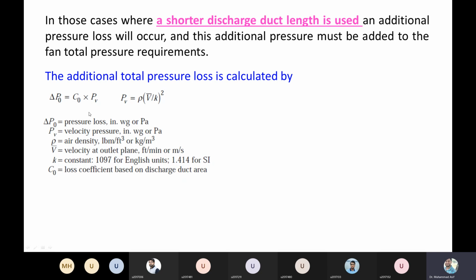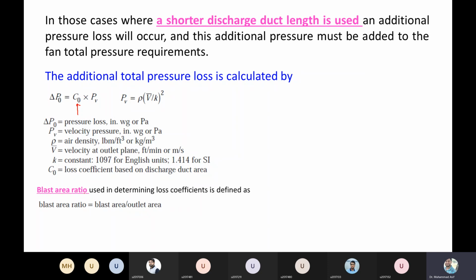So how to figure out the value of C naught, which is called the loss coefficient? If you know C naught, you can calculate the loss in pressure because of the shorter discharge duct length. Right, so how to calculate C naught? C naught is calculated with the help of the blast area ratio. As I showed you in the previous slide, the blast area is slightly smaller than the outlet area of the fan.